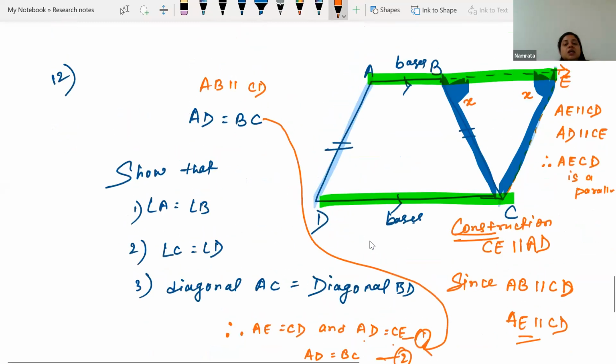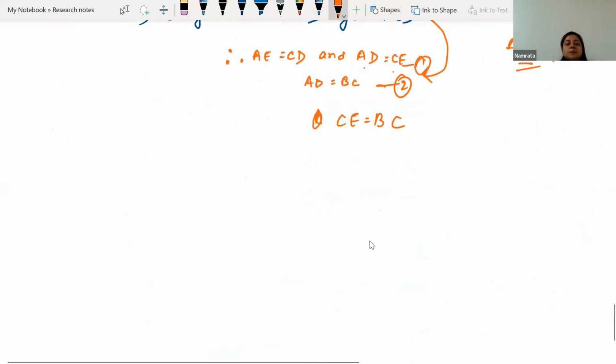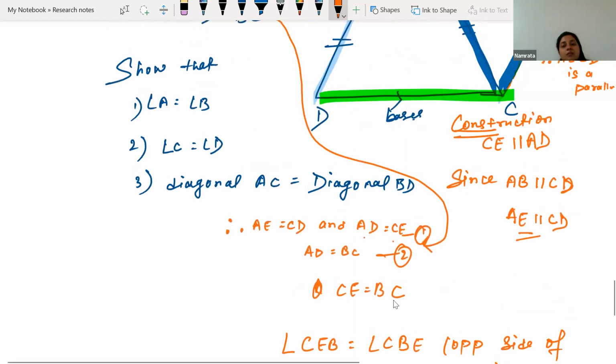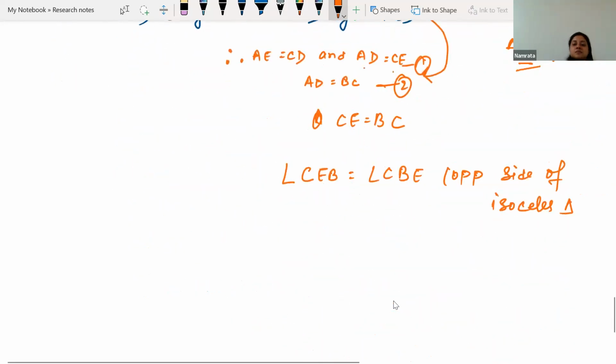Angle CEB is equal to angle CBE, opposite angles of an isosceles triangle CBE. Let's take these two as the same, and these two are equal to x.